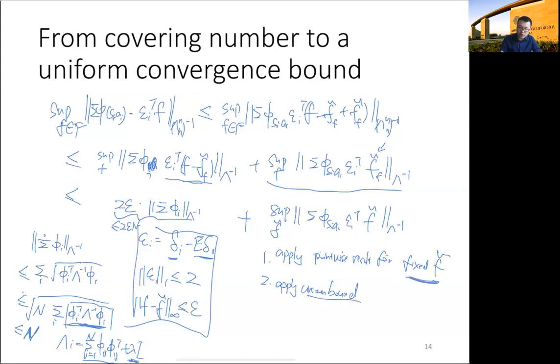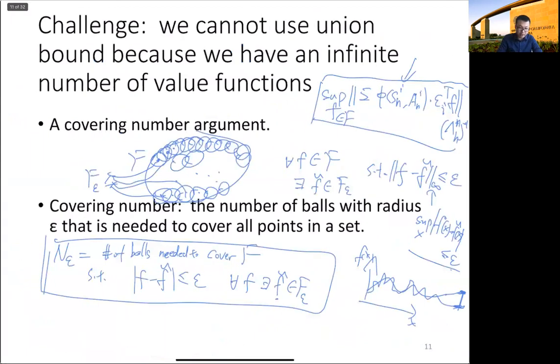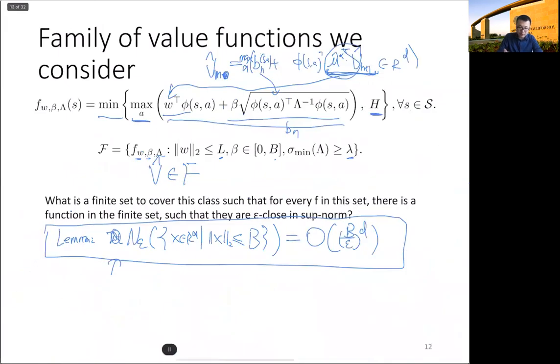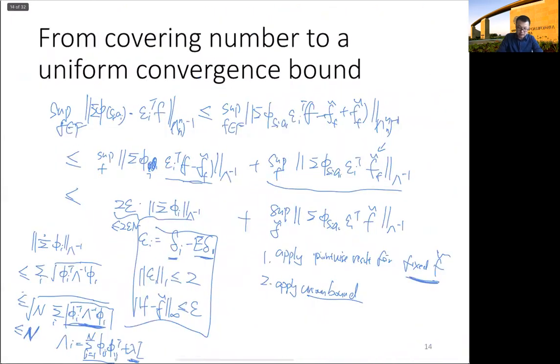So let's go and check what those pointwise bounds look like. Yeah, so this is what the pointwise bound looks like. You have this quantity of interest, and then you have this 3h times d log n.